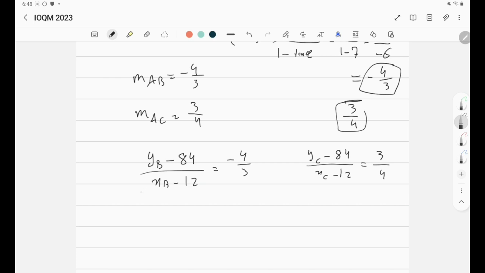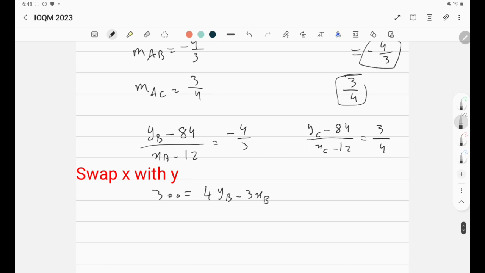Okay, so basically here we're going to get the relation between xB and yB, so that 300 is equal to 4yB minus 3xB. So actually from here, because xB and yB are integers, you can just put some conditions on them.